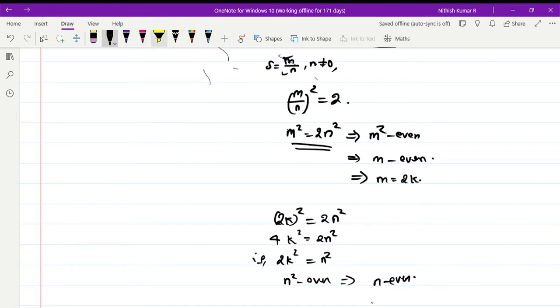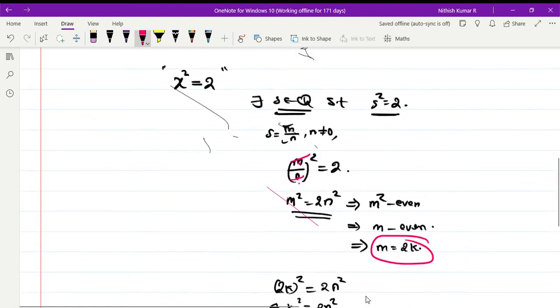Now observe, we have m is even as well as n is even, but we assumed that m and n have no common factor. Since m and n have no common factor, m and n cannot be even at the same time, because if it is even, then it's a multiple of 2. So this says m and n have common factor 2, and it's a contradiction.